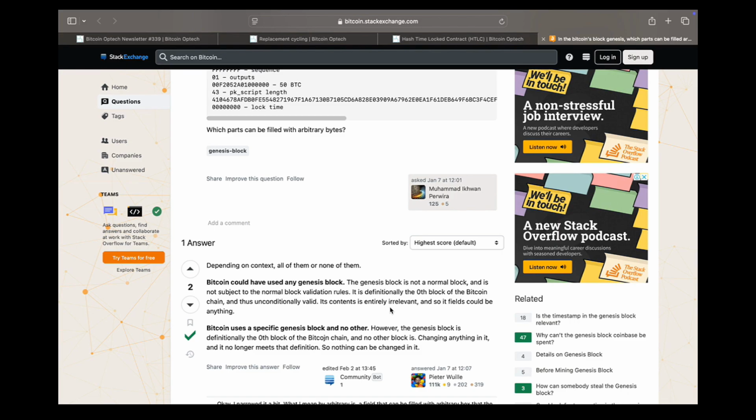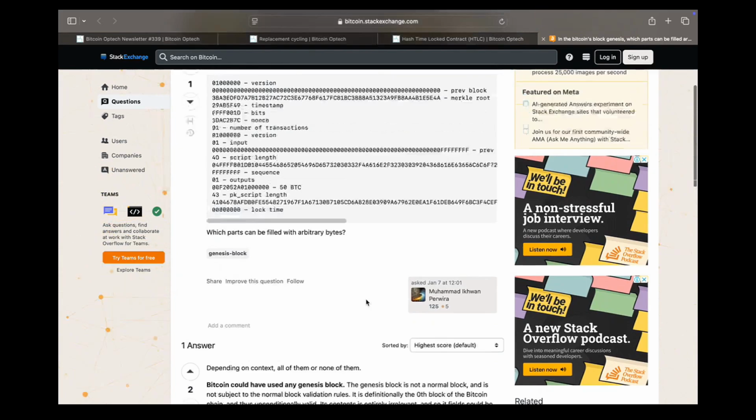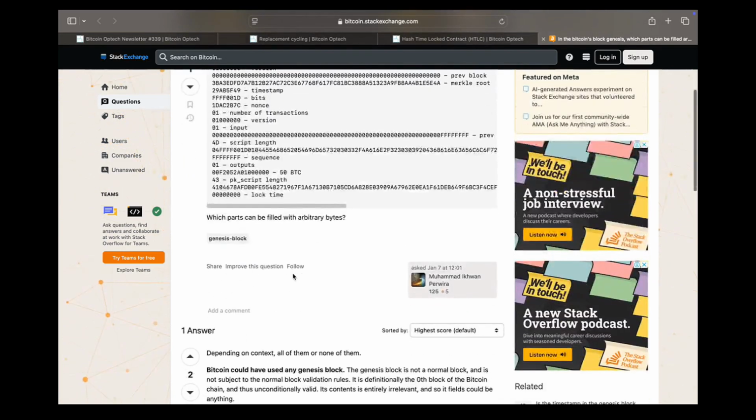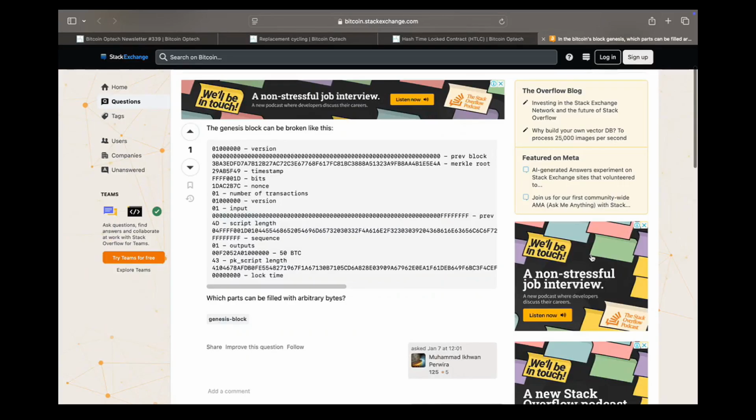So before the Genesis block was hard coded, yes, it was possible to use any arbitrary value, right? The script length could have been different, the timestamp could have been different, the public key could have been different, the lock time could have been different, right? Satoshi could have changed these values, and it would still have made no impact on the legitimacy or validity of the Genesis block.